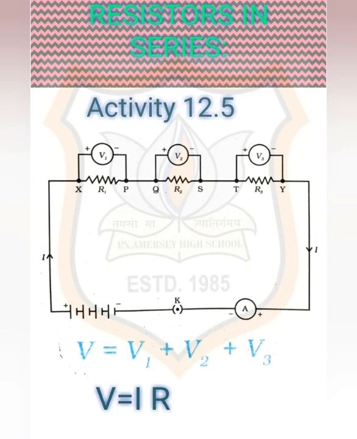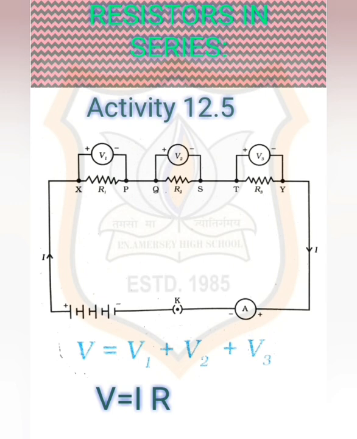Plug the key and measure the potential difference across the first resistor. Let it be V1. Now similarly measure the potential difference across the other 2 resistors separately, and let these values be V2 and V3.